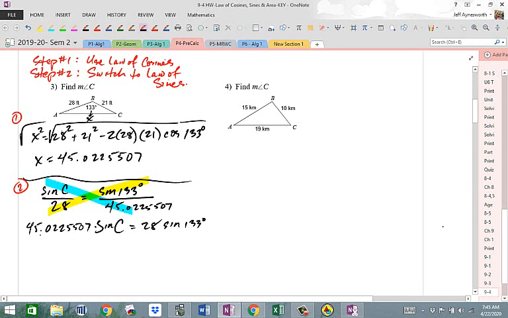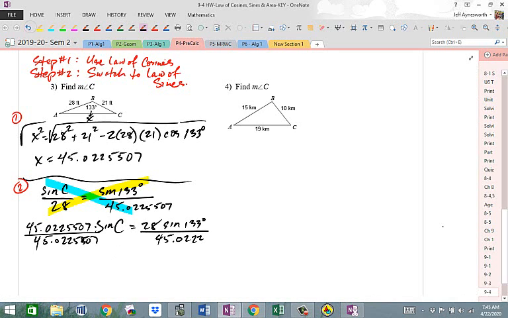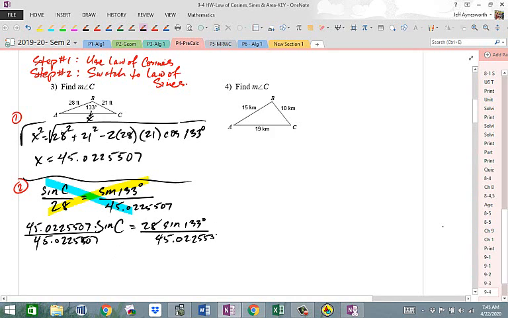And then I divide by this number here. It's easier on the calculator, trust me. And notice that I get the sine of angle C is equal to this. And then you have to take the inverse sine to figure out the angle. So let's do this part here first.